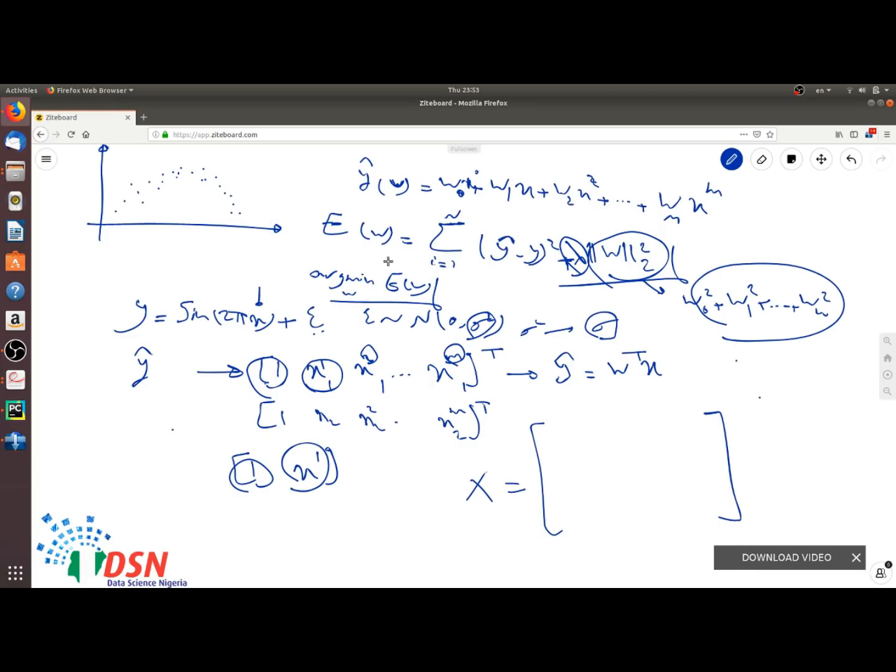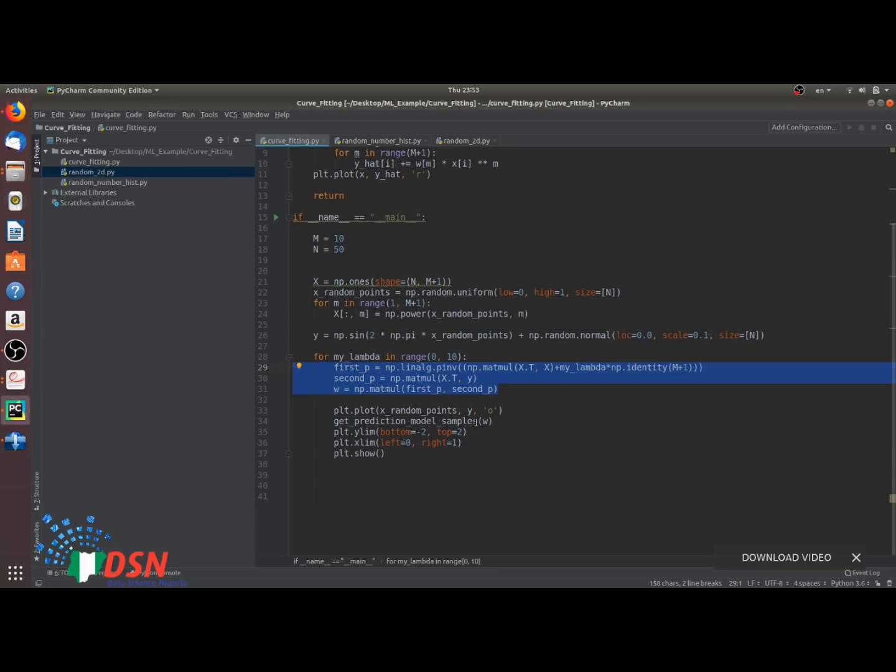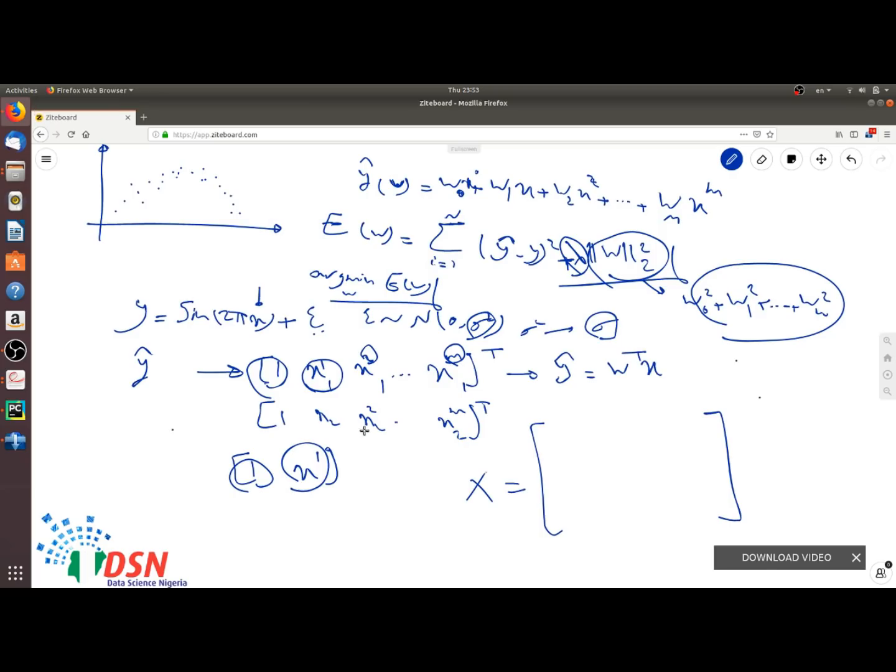solution for this minimization, because I told you this minimization has a unique solution, and the solution, as you could see here, has two parts. Let me write that.